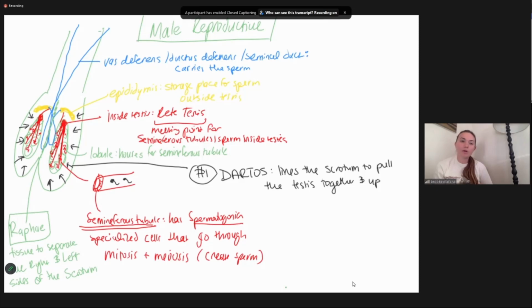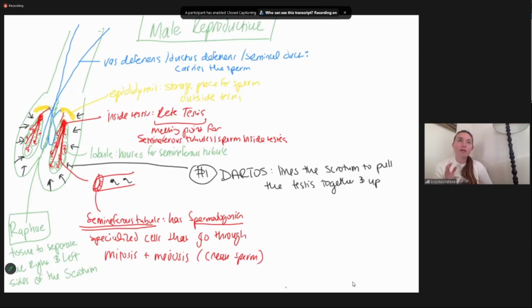So why is it doing this? Because sperm is heat and cold sensitive. If sperm gets too hot, they'll die, and this is why the testes are located outside of the male body. Body temperature is too hot, so that's why they're outside of the body. And if they get too cold, they'll also die.